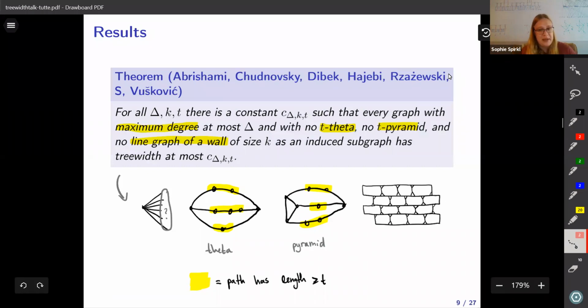Then tree width is bounded by a constant. And here we can even ask that the paths are at least some constant length. And this makes sense because if you picture a wall, then this is the kind of thing that occurs in a wall. And this one we would very much like to get rid of, but can't at the moment. This doesn't occur in any of the things I've shown you so far. But unfortunately for this to work, that's another thing we should exclude.